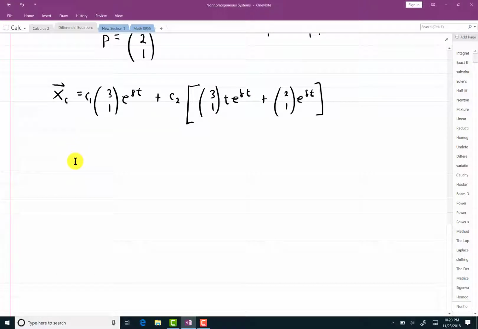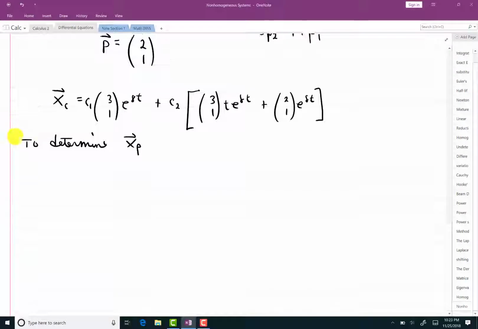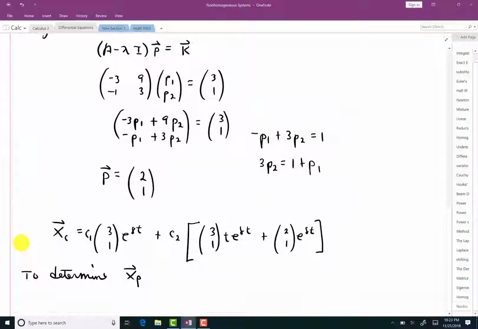Now let's try to find a particular solution. So to find xp, it's best to put it in the format of the answers already.